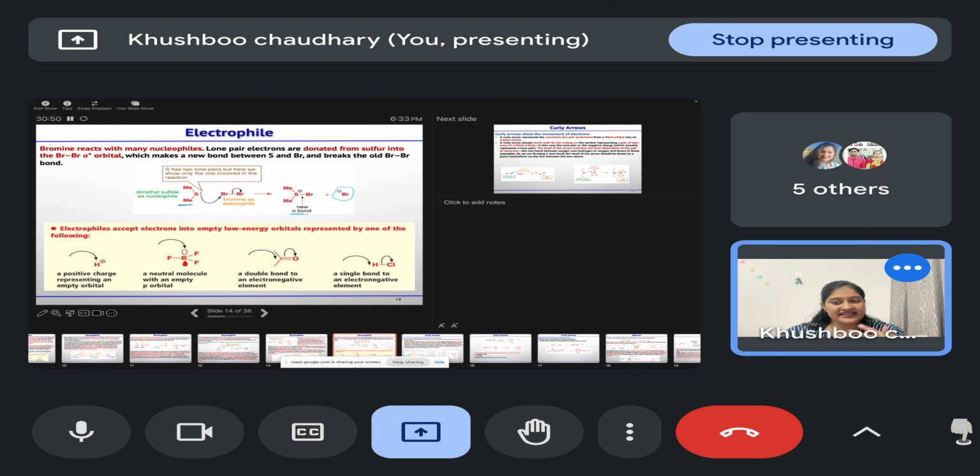So to summarize, electrophiles can be a positively charged atom representing an empty orbital. It can be a neutral species that has an empty p orbital. It can be a double bond to an electronegative element, or it can be a single bond to an electronegative element.